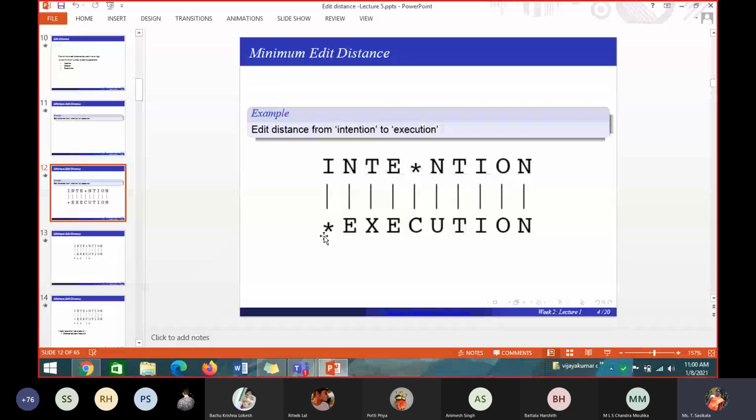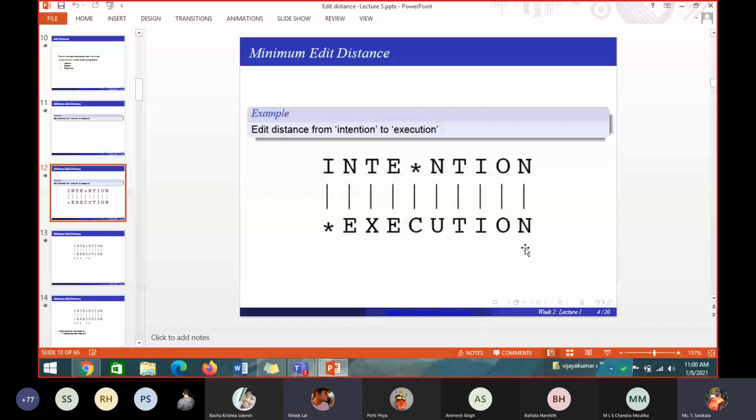Please unmute, students. Somebody, if you want to answer, you unmute, answer, and please mute it later. So then again you are inserting here. N to U is what? Substitution. T to T any operation? No, ma'am. I to I any operation? No, ma'am. O to O? No, ma'am. N to N?